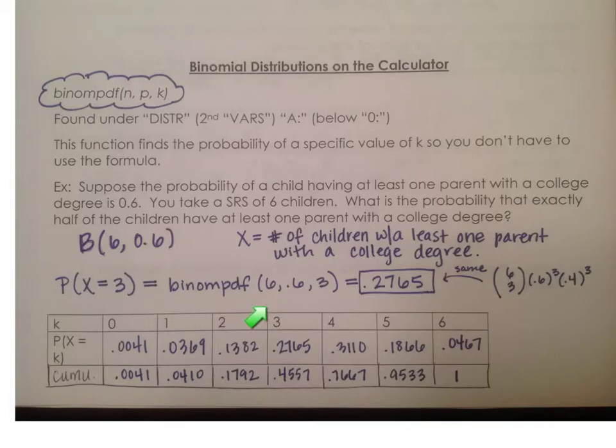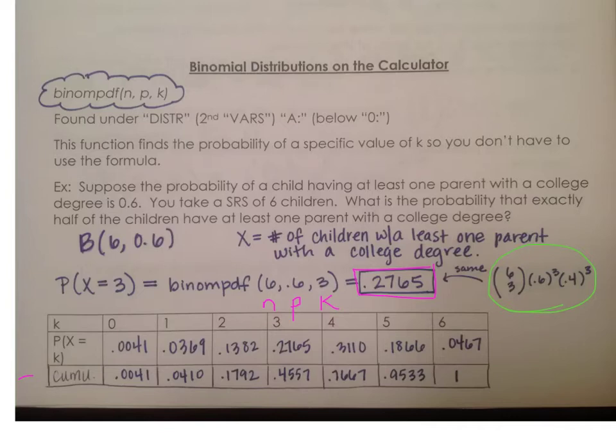We're going to type in the parameters: n for our number of observations, p is our probability of success, and then k, in this case we're looking for 3 kids. Type that in with the commas, hit enter, you're going to get this answer, and that will be the same thing as if you used the strategy that we learned last time with the formula itself.